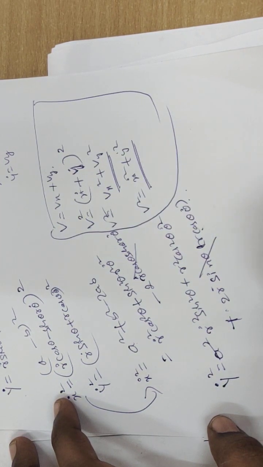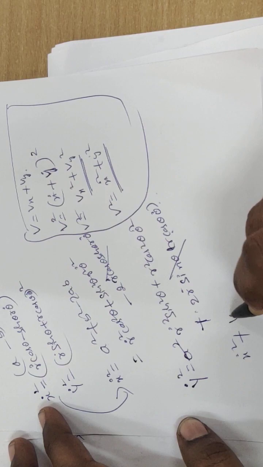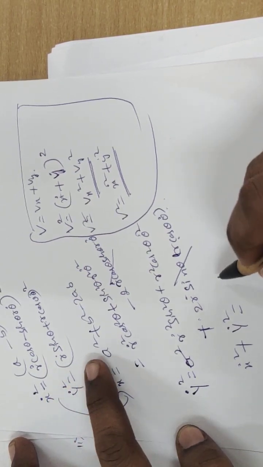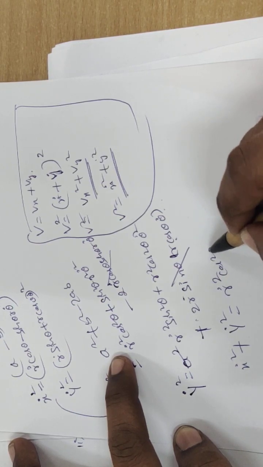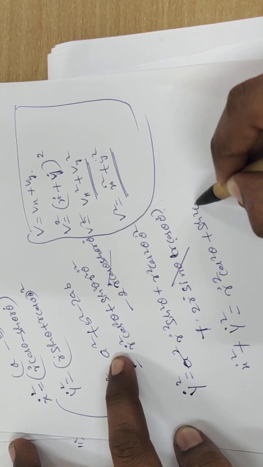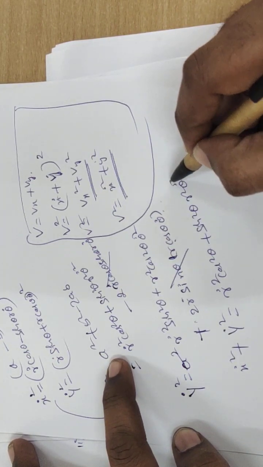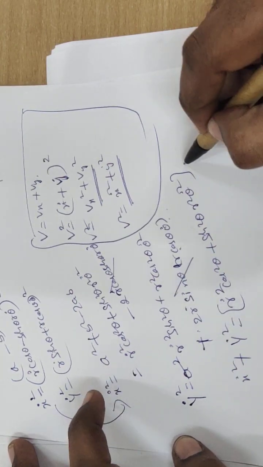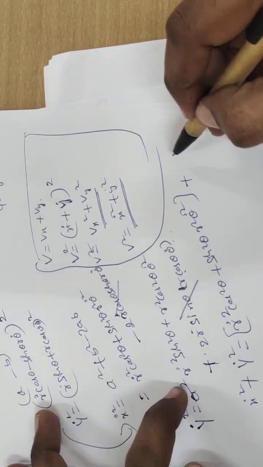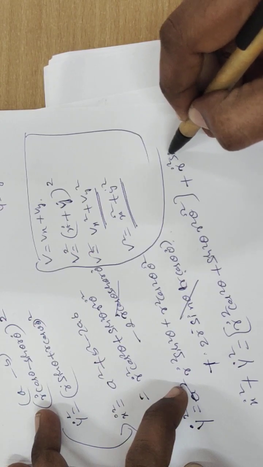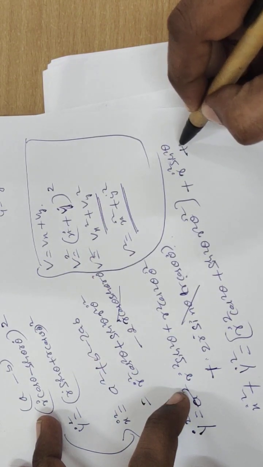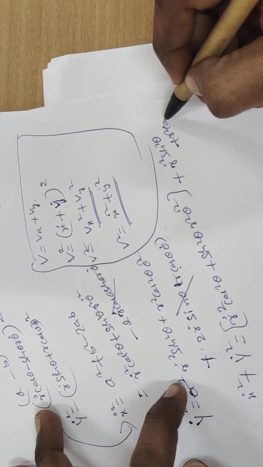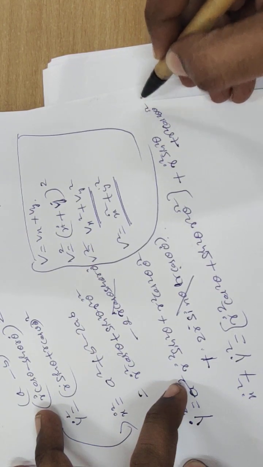Therefore x dot square plus y dot square is equal to r dot square cos square theta plus r square theta dot square sin square theta, plus r dot square sin square theta plus r square cos square theta theta dot square.